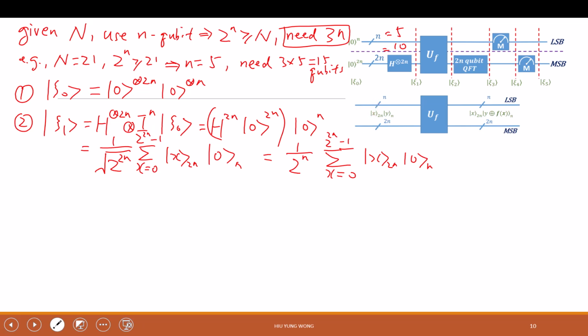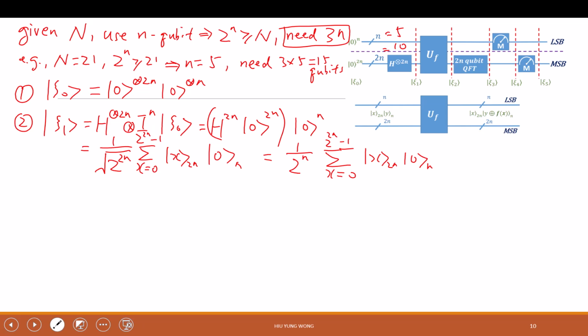The most important thing here is that you should understand how to apply the gate, or the unitary transformation, to the correct matrix. Here is H and I, where H is applied to the first 2n qubits and I is applied to the last n qubits. So the last qubits never change because it's I, and H applies to the first 2n qubits. You just use what we learned earlier about the Hadamard gate. We had a class on the Hadamard gate applied to |0>. Remember?